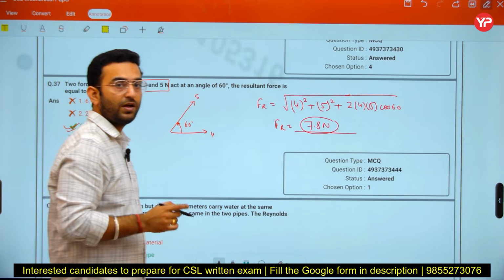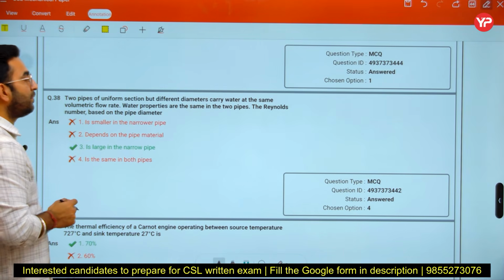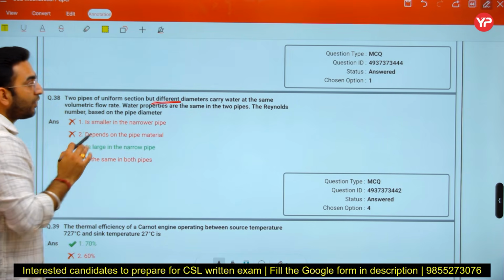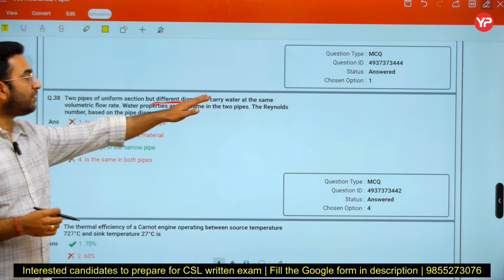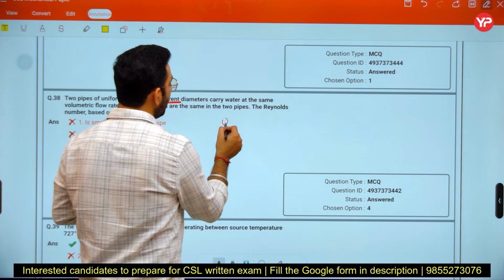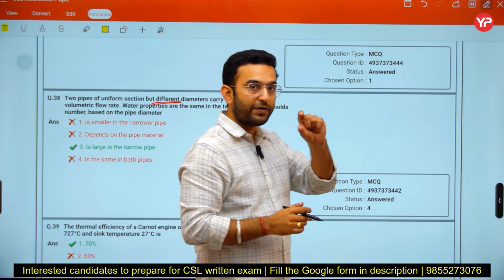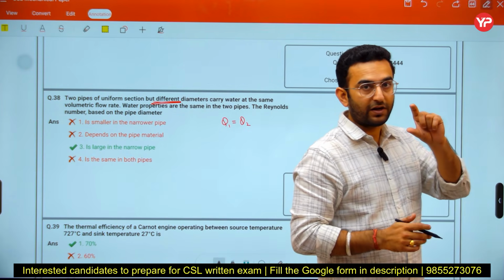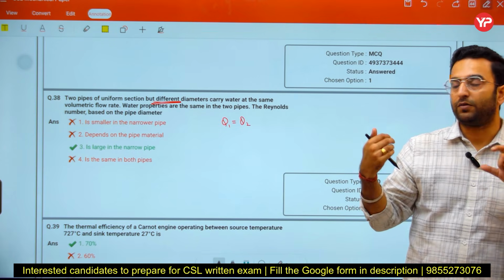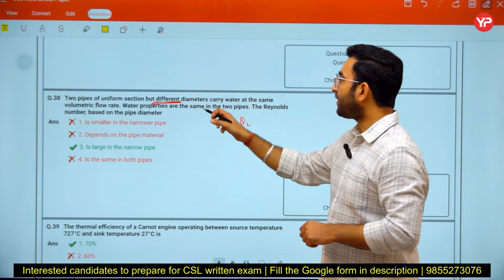Next part: two pipes of uniform section but different diameters. Take care of different diameters here. They carry water at the same volumetric flow rate. So can I say that the pipe having the lower diameter has a much higher velocity as compared to the second case? Water properties are the same in the two pipes.